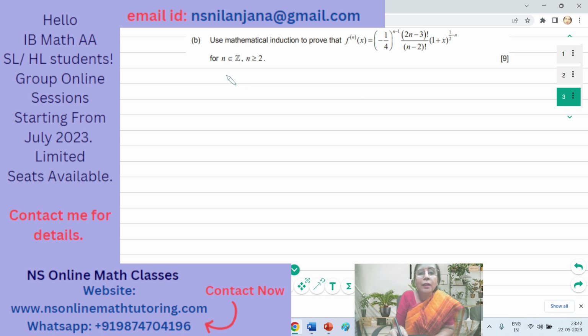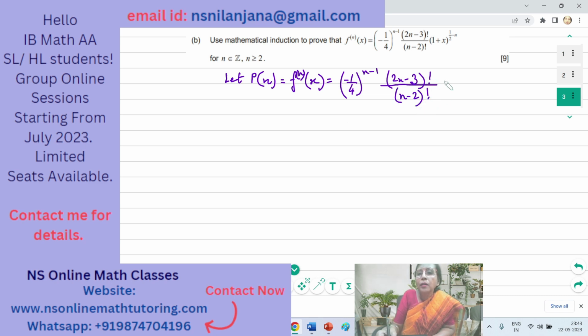So we start with the line, let P of n be equal to, I'm just copying whatever is written, n should be greater than or equal to 2 and n is an integer, 2n minus 3 factorial over n minus 2 factorial times 1 plus x raised to the power of half minus n.